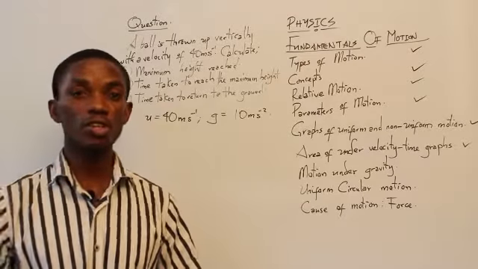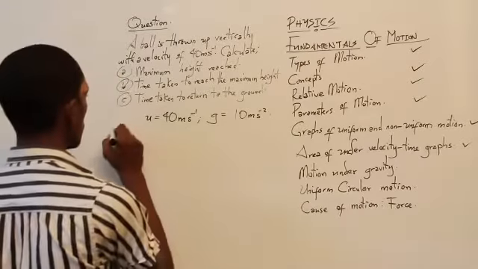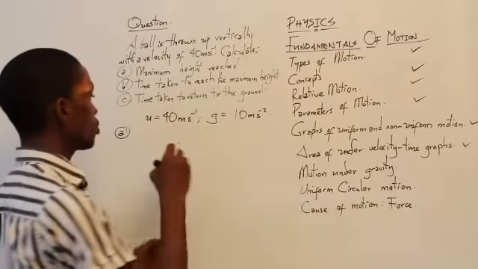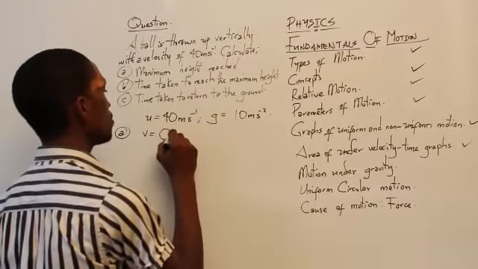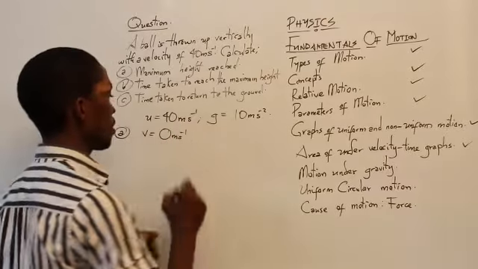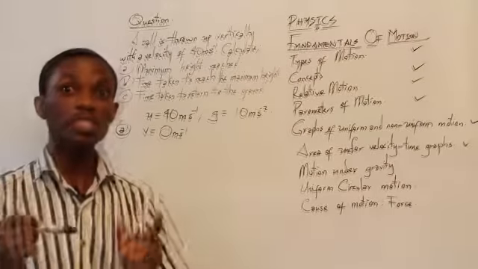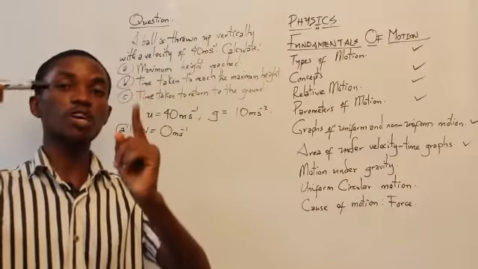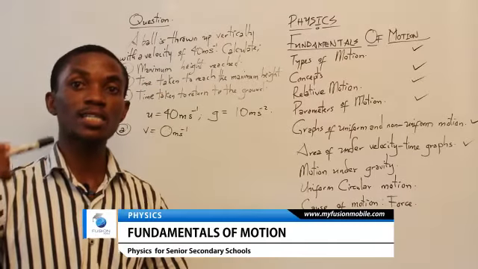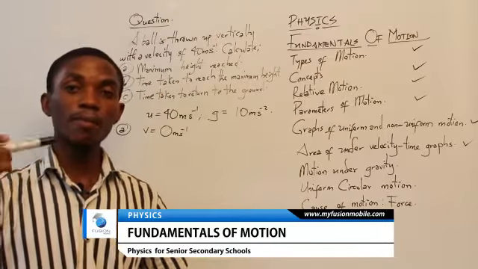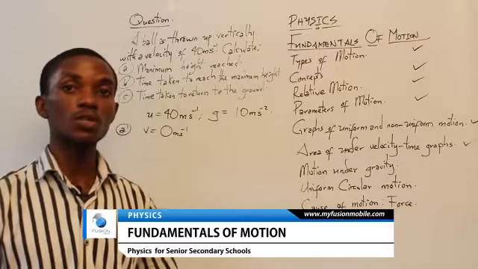That is the final velocity. So for the question A, the first thing to note, our final velocity, which is v, equals 0 meters per second. Because it would actually stop. That's the indicator that it has reached the maximum height. So at that maximum height, when it stops, our v equals 0.